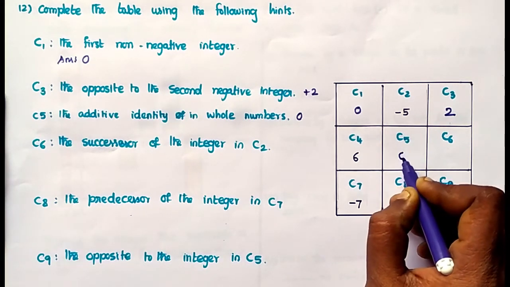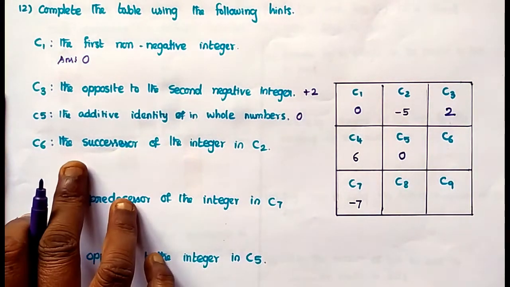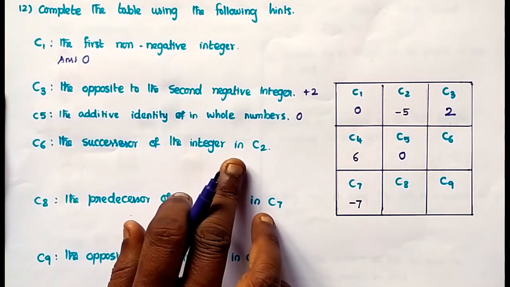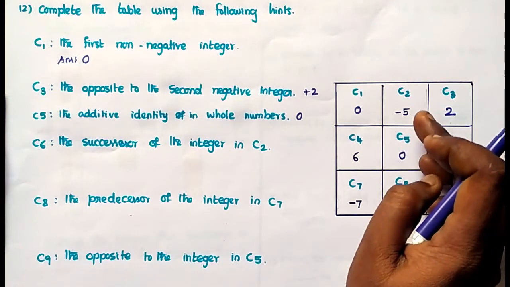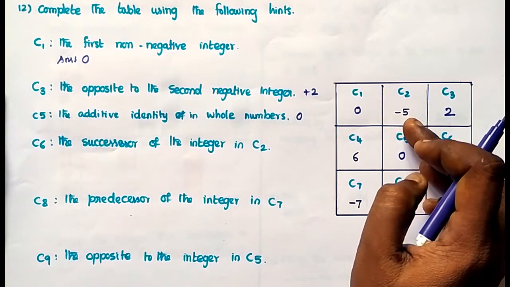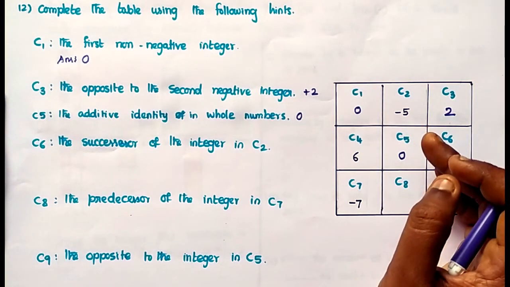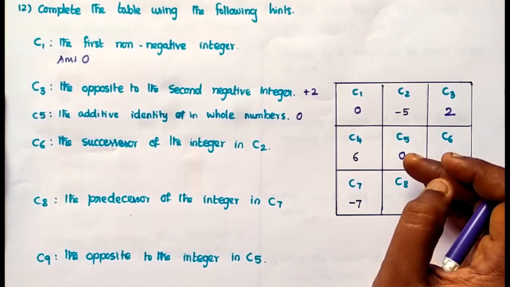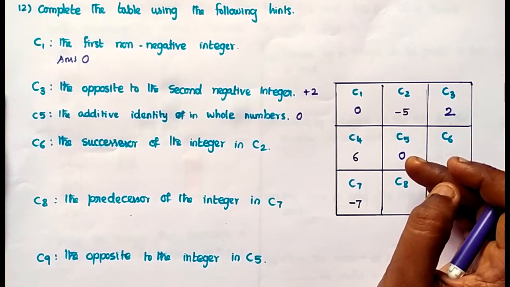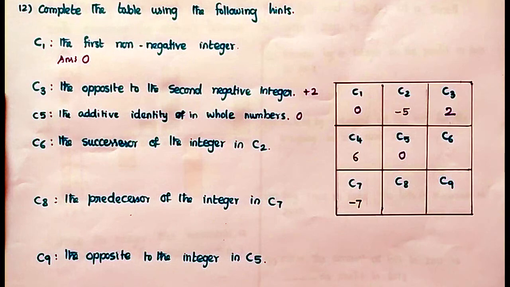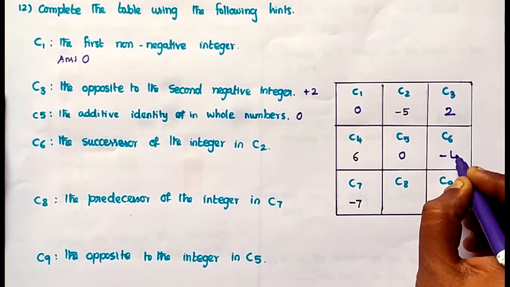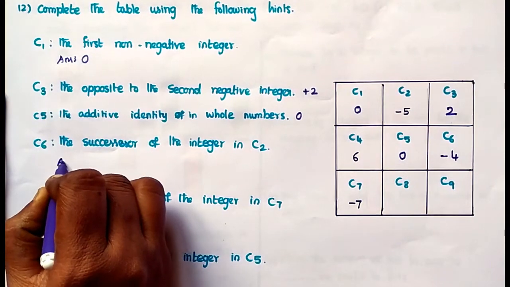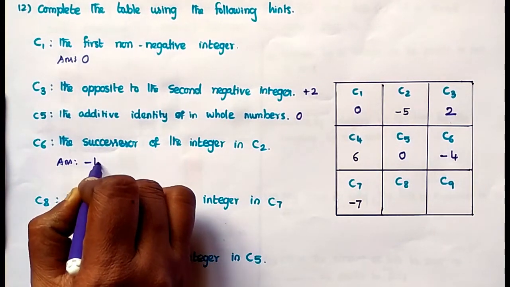That is the successor of the integer in C2. What is C2? Minus 5. Successor of minus 5 means that is after the number minus 5, and the next one, minus 4. Answer minus 4.